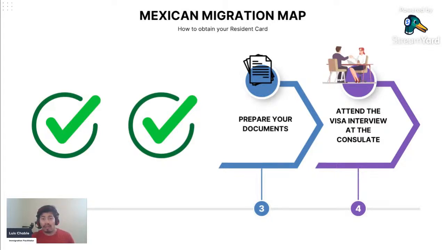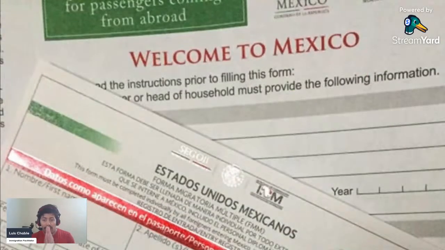Yes, don't do it in the end. If you have time to prepare your documents, it's better for you. Take advantage of your time, because there are certain documents that you need to translate, you need to apostille, and you need to fill.